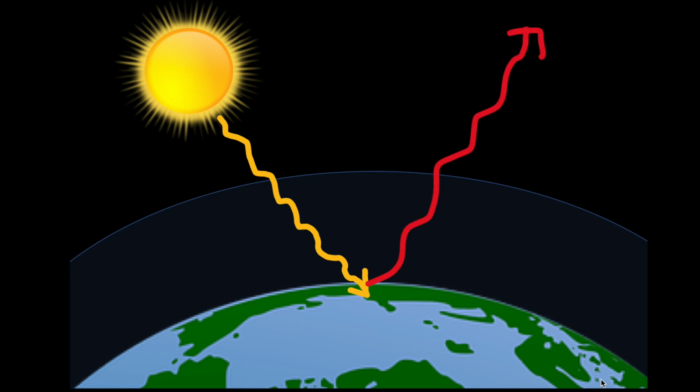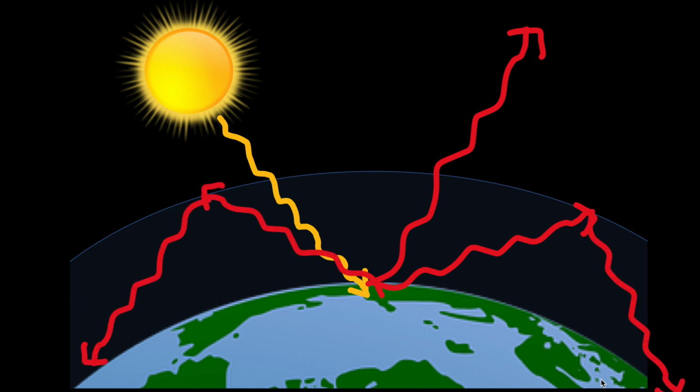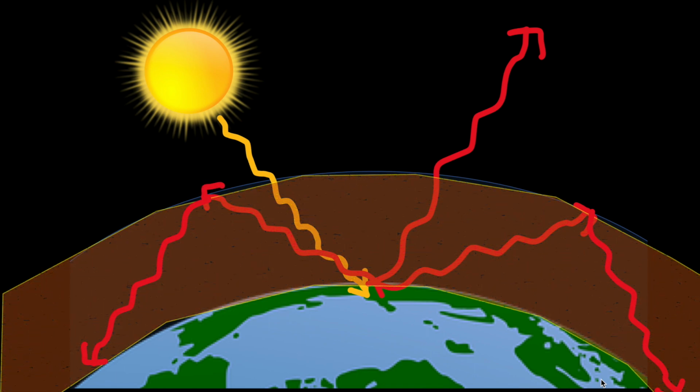radiation. When the infrared radiation is re-emitted or radiated back out from the greenhouse gas, some of it goes back into space, some of it is absorbed by other greenhouse gas molecules in the atmosphere and eventually re-emitted, and some of the infrared radiation comes back to the Earth, and the absorption re-emission cycle continues.